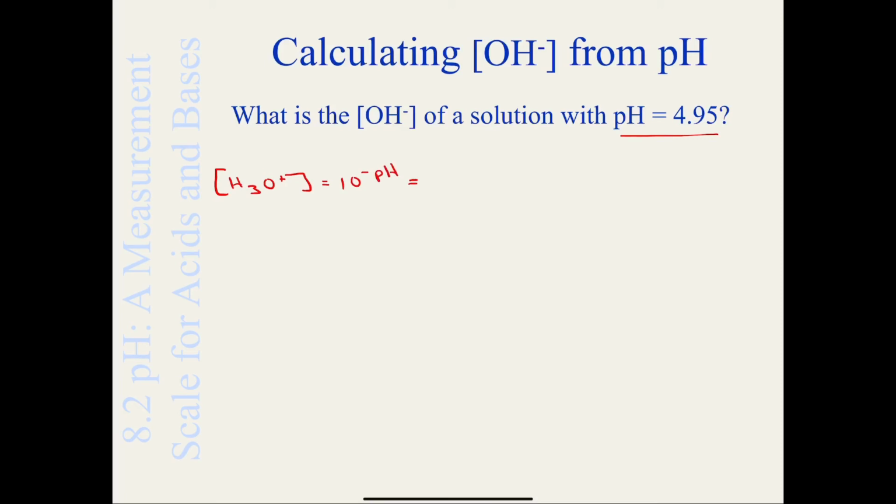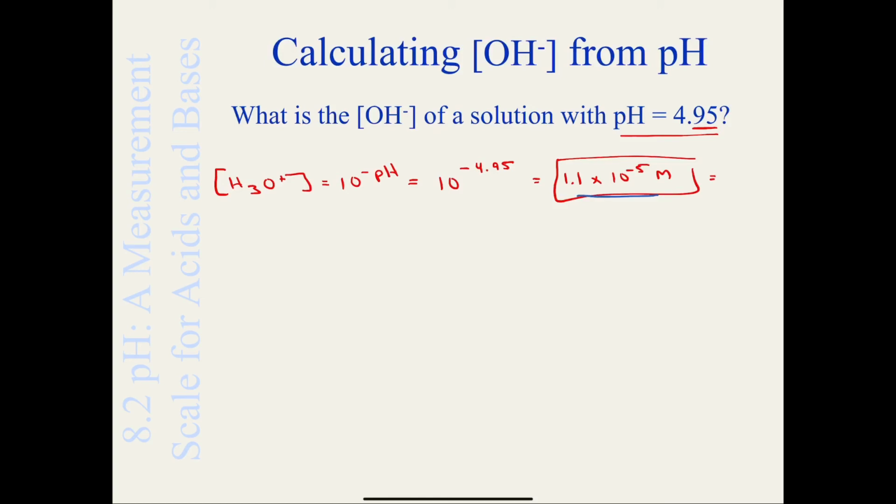So that's going to be equal to 10 to the power of minus 4.95. Notice that my pH has two decimal places, the 9 and the 5. Therefore, I will report the concentration to two significant figures. So it's going to be equal to 1.1 times 10 to the minus 5 molar.